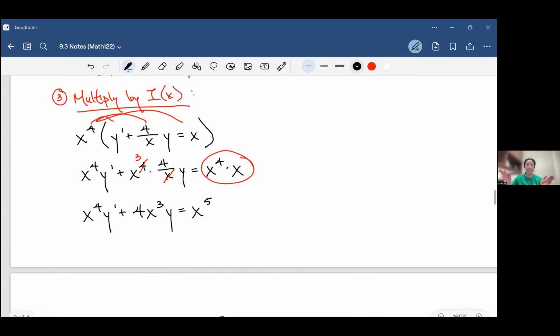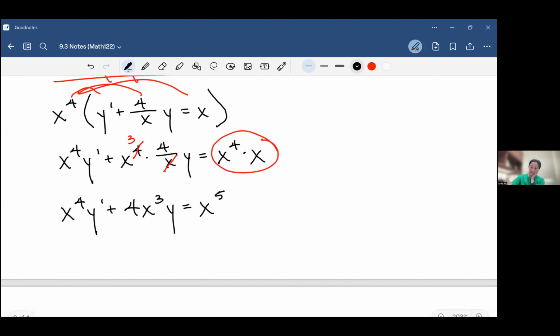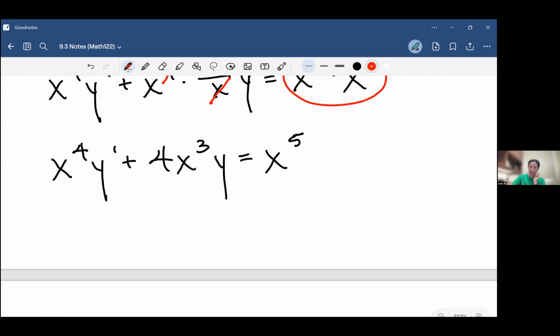This is the moment why we were talking about the product rule. So let's look at this. On the left-hand side, I've got a u and a du. And I've got a v and a dv, which means that the left-hand side is the derivative of some product, okay?